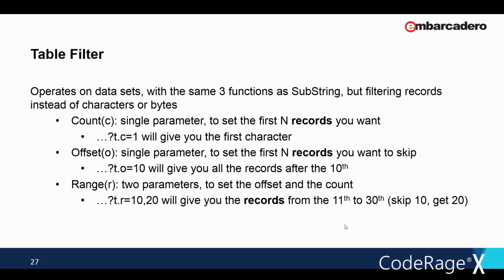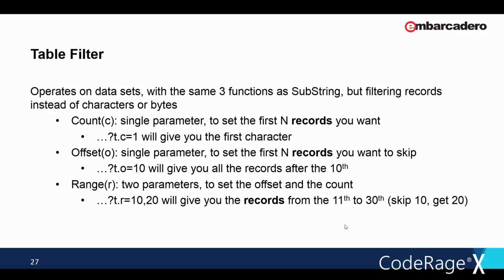The table filter has the same three functions, but they operate over the records of a table, of a data set. So you can specify the number of records you want to send to the client, starting from the first, using the count function.